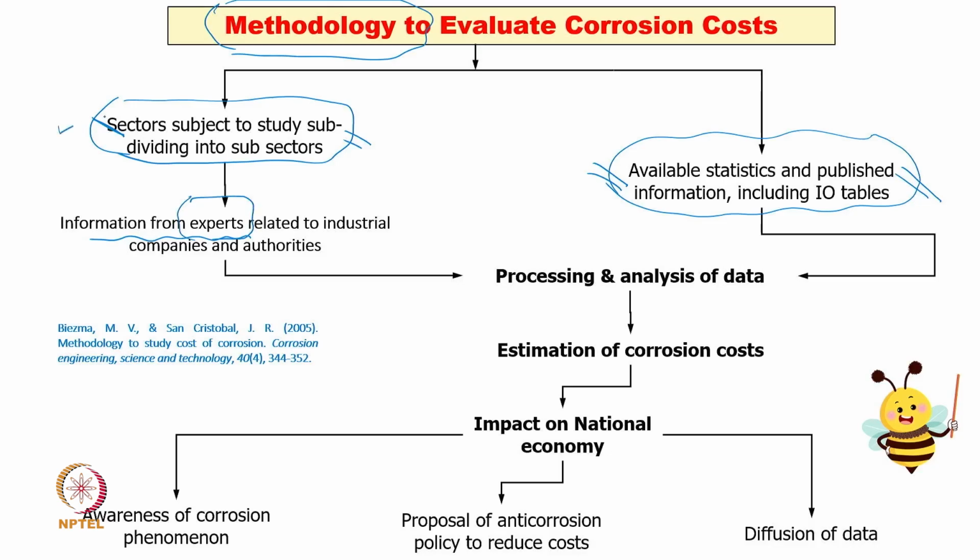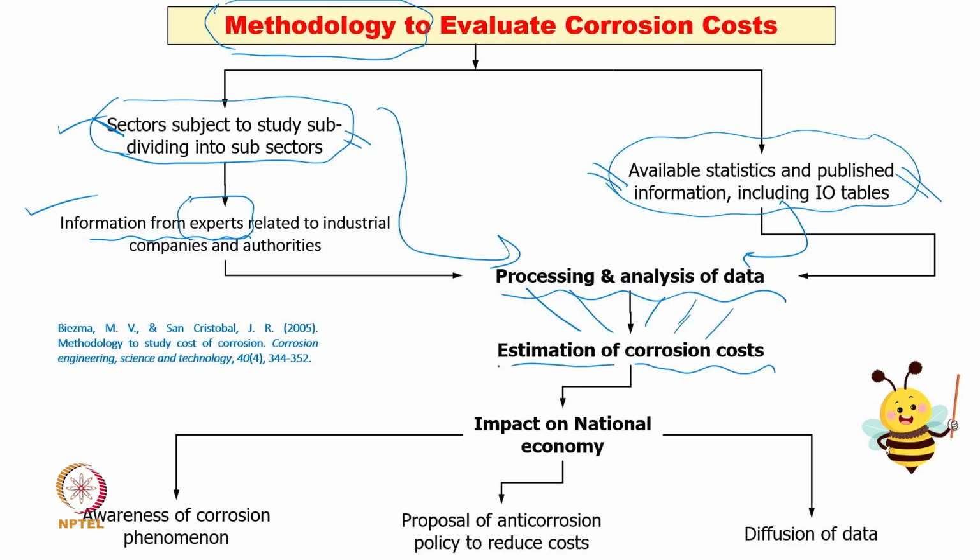So, the first step is identification of sector or subsector, and identification of experts from industry, agencies or authorities. If we have this data from experts and data from established literature, we need to do processing and analysis of the data. Based on the analysis of all the data, we need to come up with some sort of corrosion cost estimation.